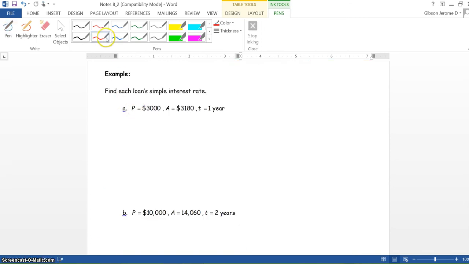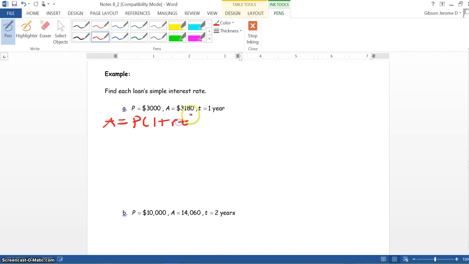Now we go to our next example. It says find each loan's simple interest rate. So now we have P is 3,000, A is 3,180, and T is equal to 1 year. Now we want the simple interest rate. But if you notice here, we have our A. So we need to use the future value formula, which is A is equal to P times 1 plus RT.